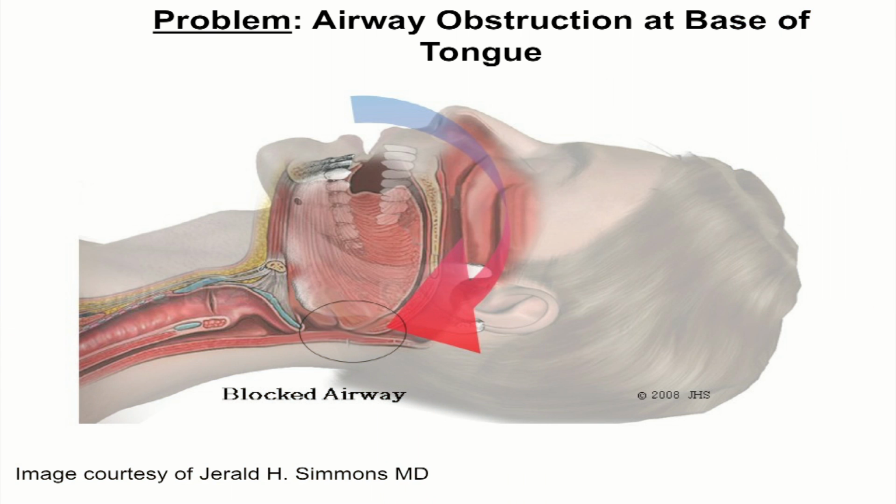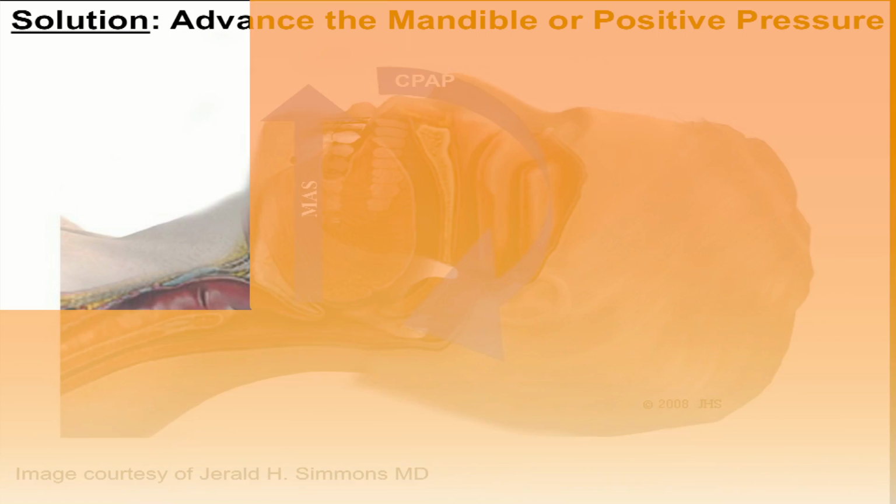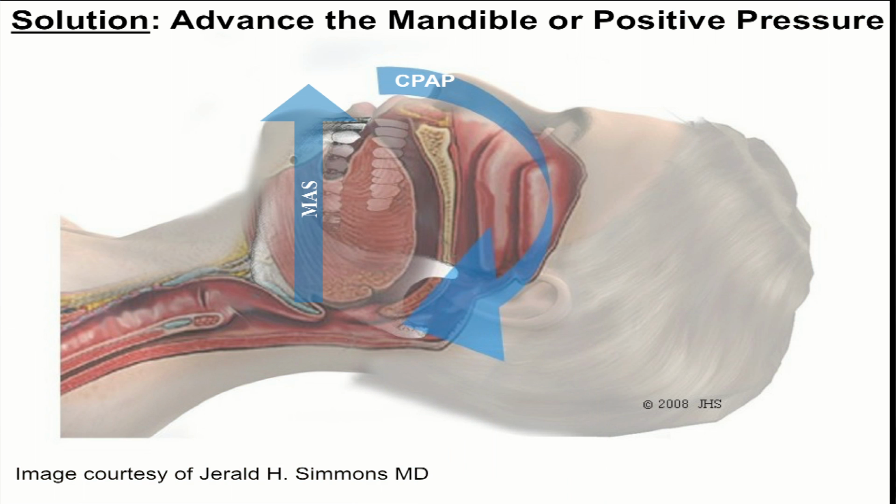Remember the basic problem? The tongue falls back and blocks the airway. Then there's a change in pressure, and there's an effort to make that go back to open, and if it's not working, then you slide into apnea. So the basic treatments for this, of all those therapies I just mentioned, the main ones are mandibular advancement splint or CPAP therapy.